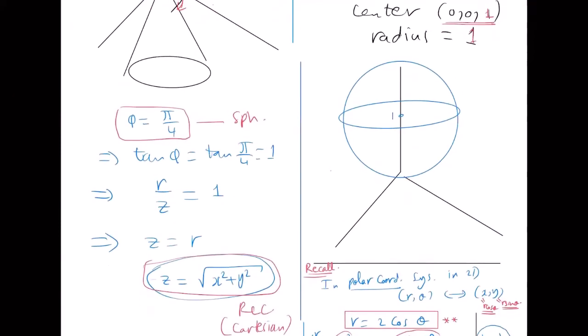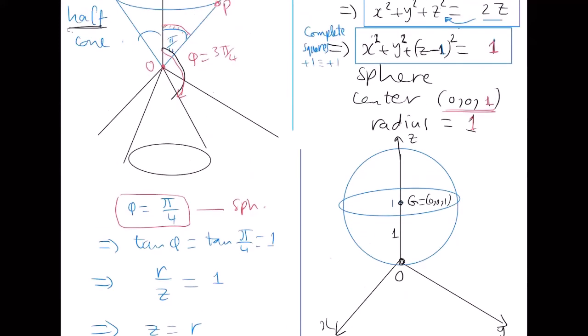So what is this sphere? As you see, this is x, y, z, and this is the origin. This is the center, (0, 0, 1). This is the z-axis. So the sphere here is shifted up along the z-axis, the center moved 1 unit up.